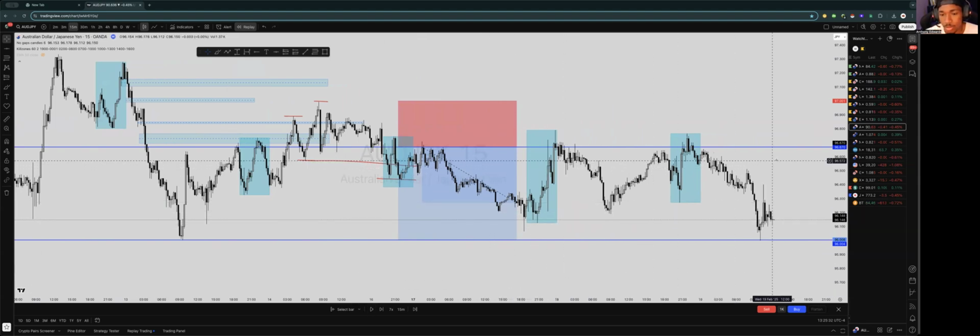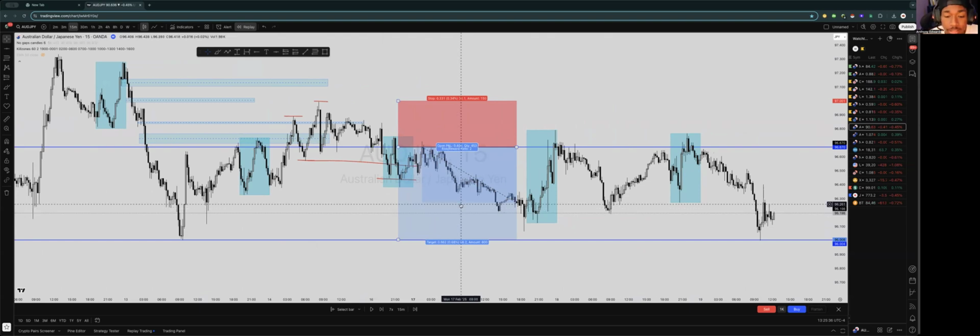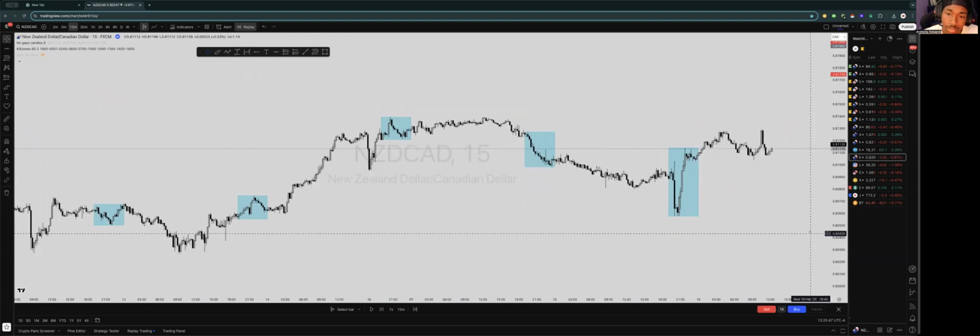Okay, perfect. So price came to our take profit. So this is a W, and that means we're up $100 again. And now if we look back at the NZD CAD, where is it?